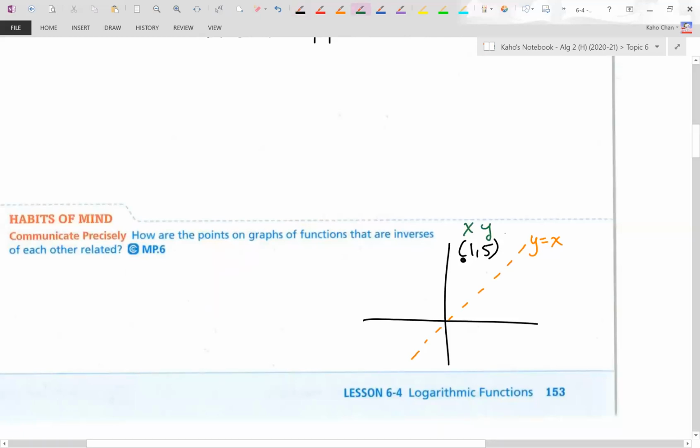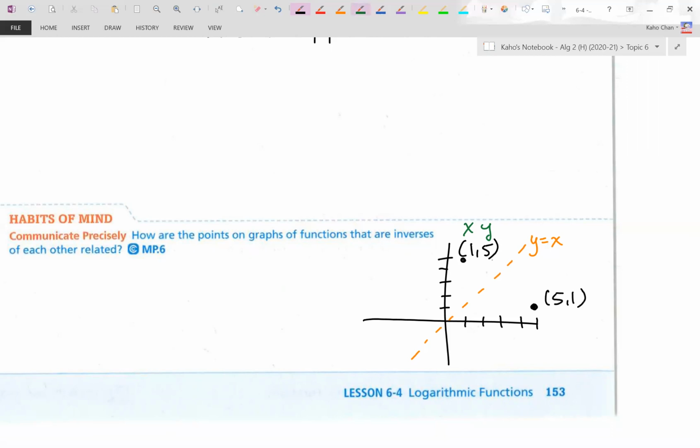The swapping of x and y will give you 5, 1. Right there. They're literally a swap. Mirror image of each other. Okay? That's what it means. It's a mirror image.